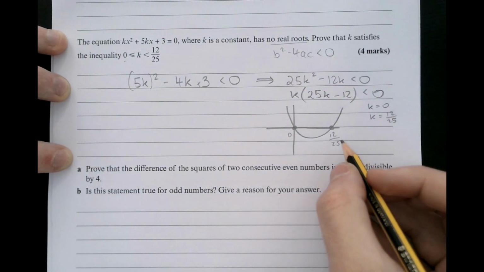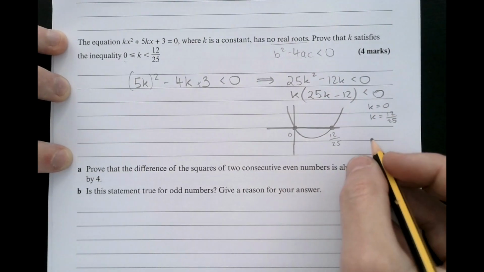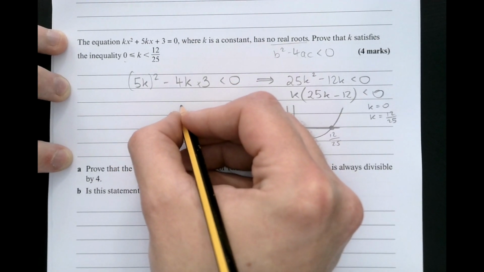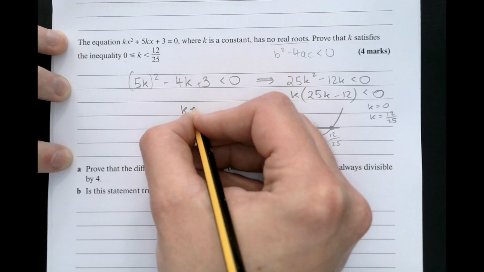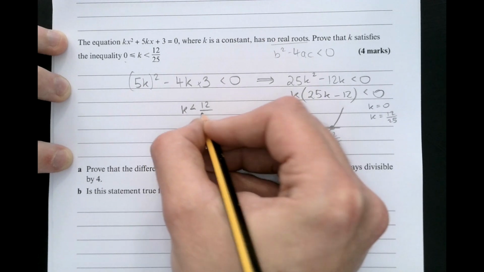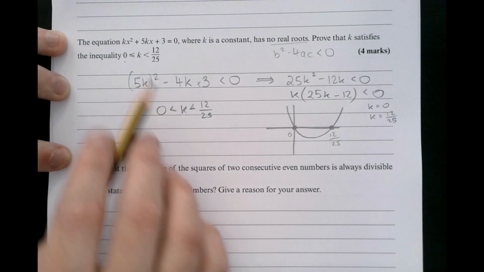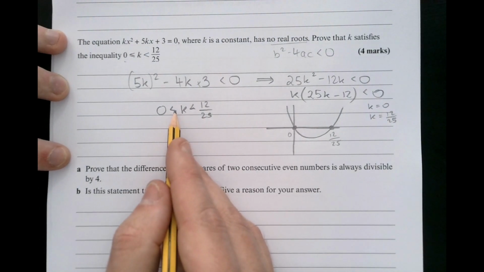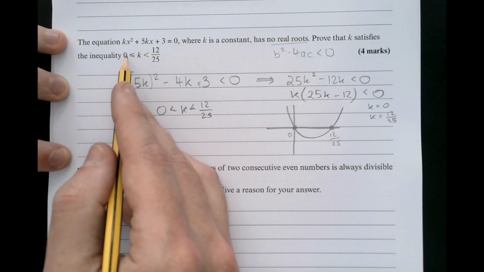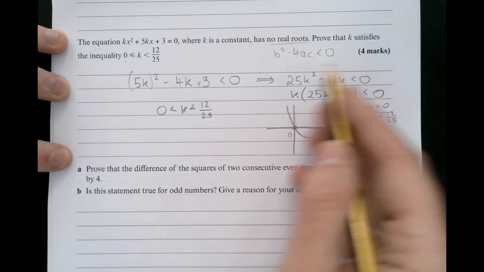So the bit where it's less than 0 is between k equals 12 over 25 and k equals 0. Now don't just look at this and go, oh, I'm just going to put that in, because the 0 is not, we haven't got there.